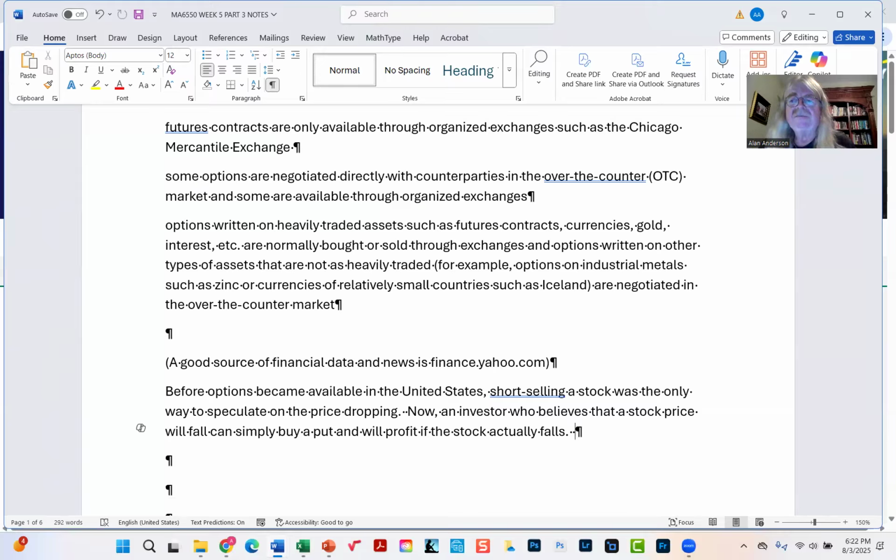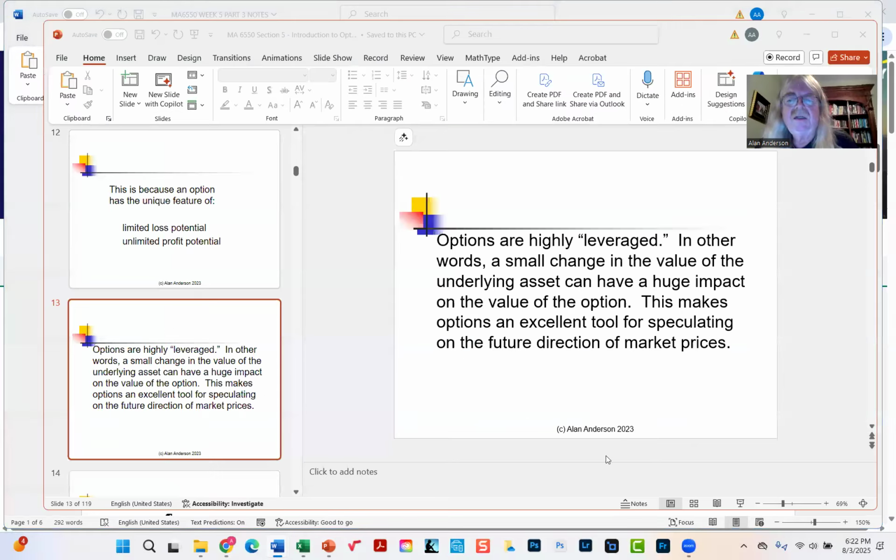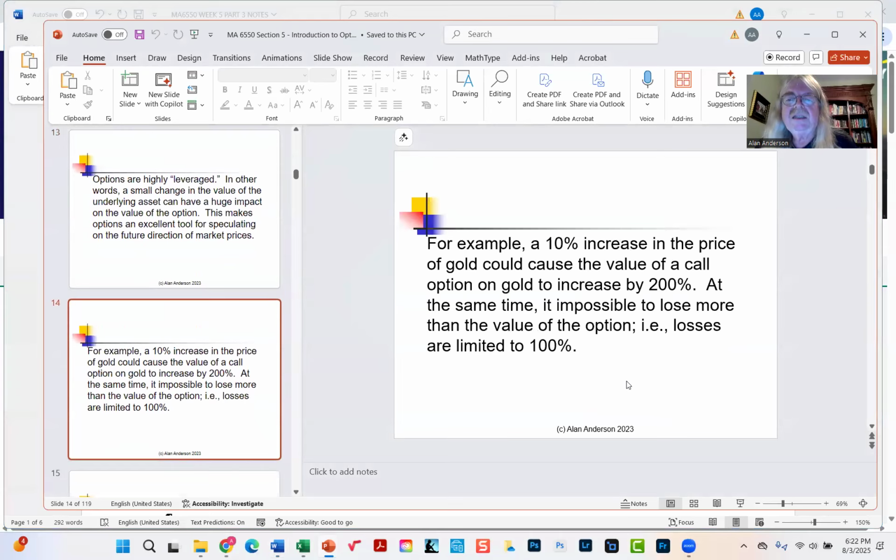If I set myself up correctly, even a 1% change in the price of the stock could add 10, 15, 20, 30% to the value of my position, but it goes both ways. I could also lose that much, with the understanding that the maximum loss is what I started out with. So a 10% increase in the price of gold in principle could add 200% to the value of my position, but I can't lose more than 100%.